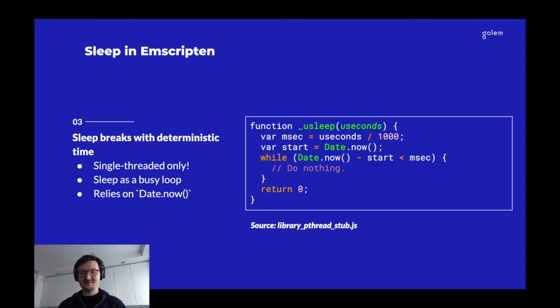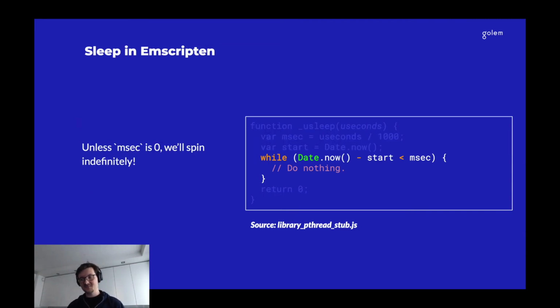So we've got a while loop, where we have Date.now, which is basically give me the time now, minus start. Now if you look up, start was also Date.now, and it's always 0. So obviously 0 minus 0 is 0, and whatever you specify as the microseconds above, even if it's 0, you'll never be smaller than this.